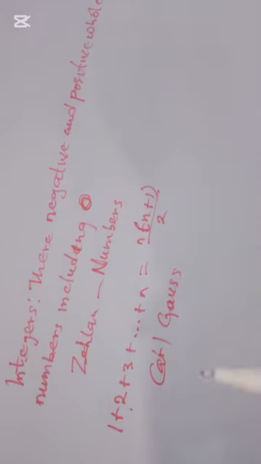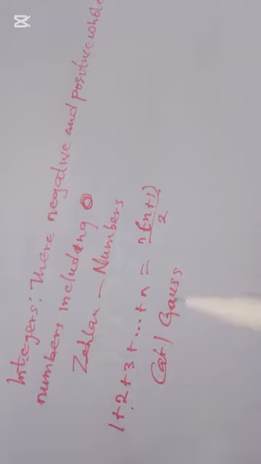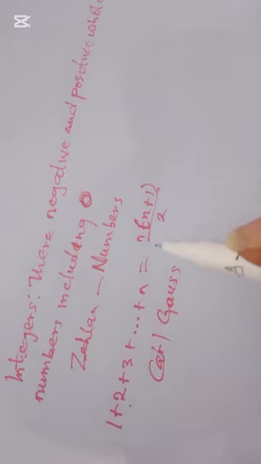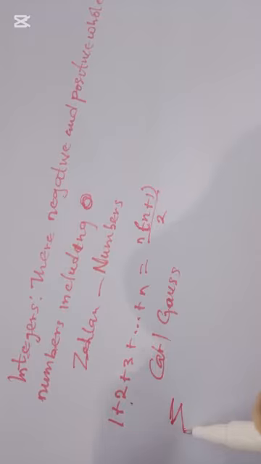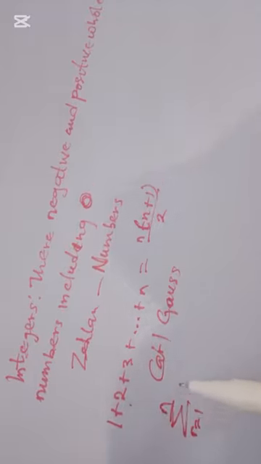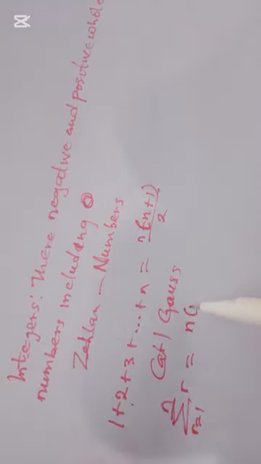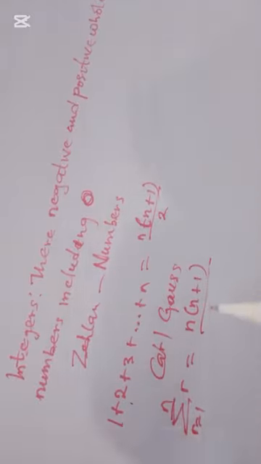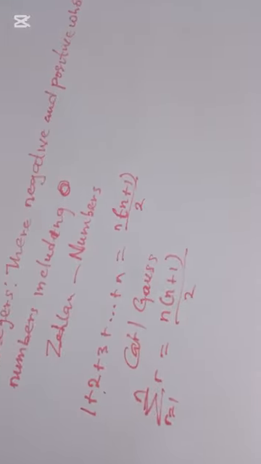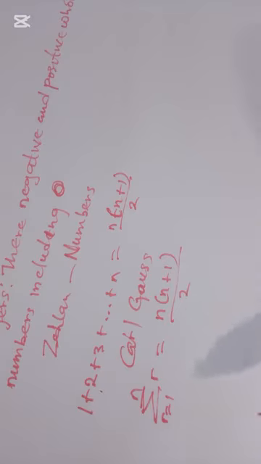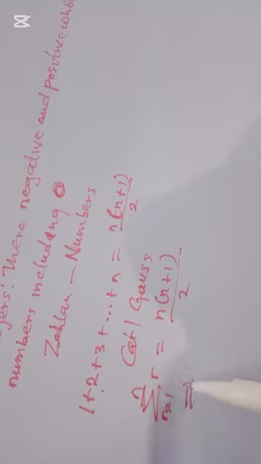So this is the formula: the summation of r from 1 to n equals n into n plus 1 divided by 2. Now, I want to find the sum of the first 20 integers.